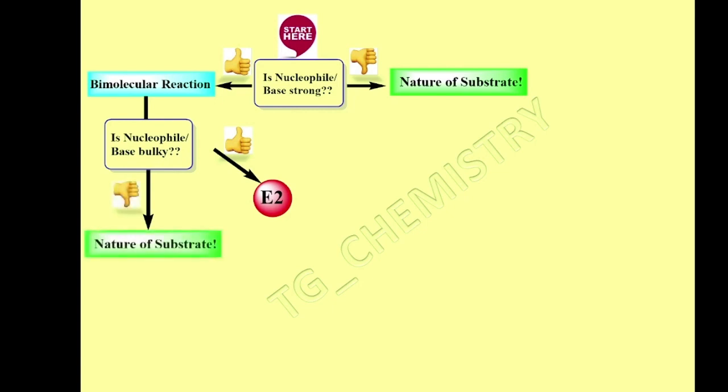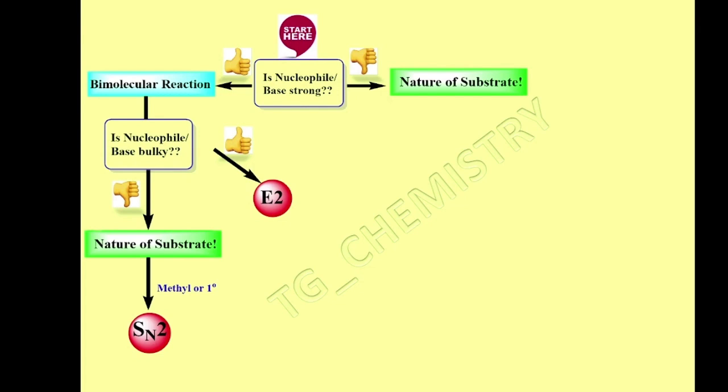And then if not, that means the nucleophile or base is not bulky, so then again we have to look at the nature of the substrate. If the substrate is methyl or a 1 degree alkyl halide, in that case the reaction pathway will predominantly be SN2, that is the bimolecular nucleophilic substitution pathway.